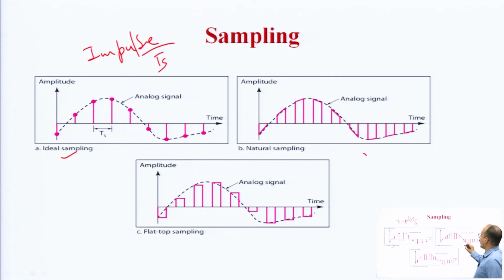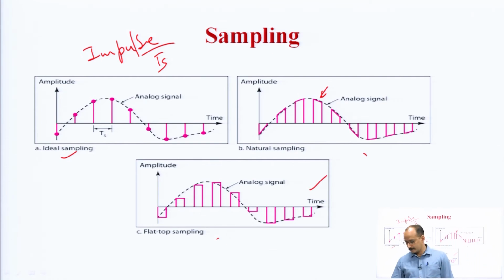When you are talking about the natural sampling, you can see here we have the sampled output, but have some continuous signal part in this. But when we are talking about the flat top sampling, we have a flat top sample for individual analog signal. So, this is the most suitable way to represent a input signal.